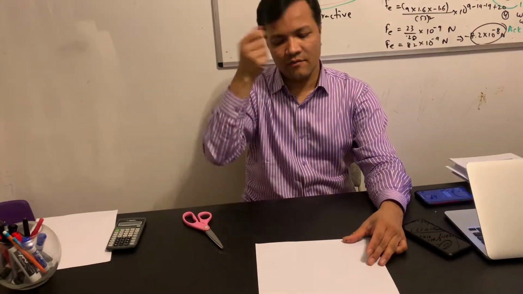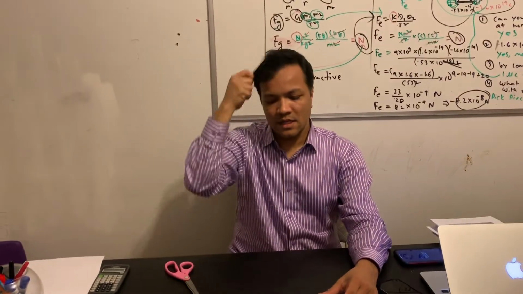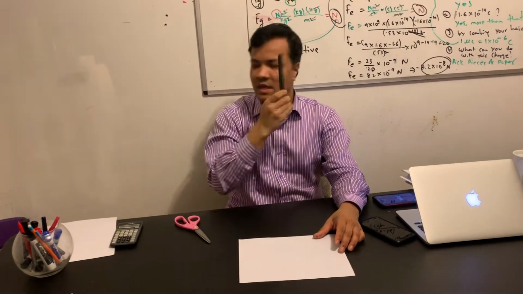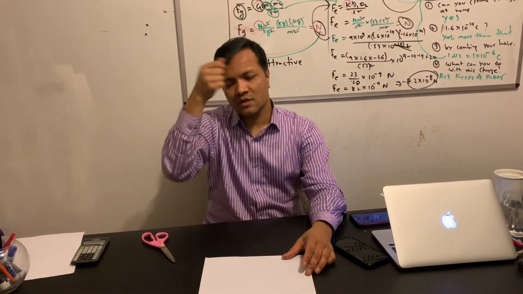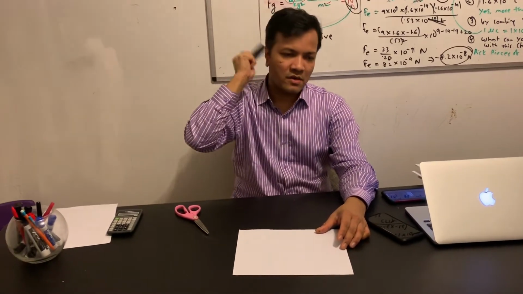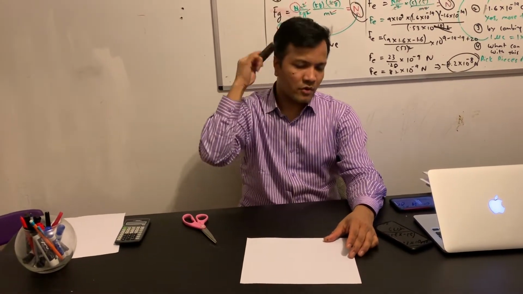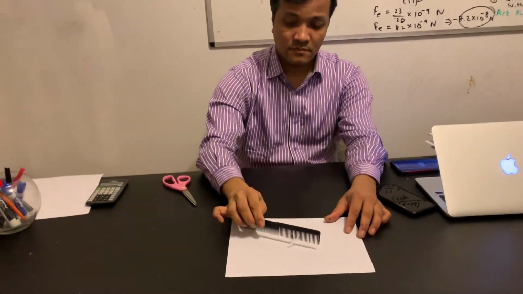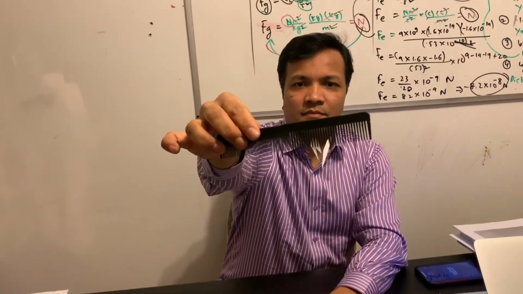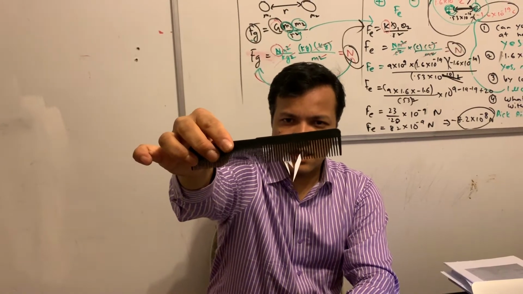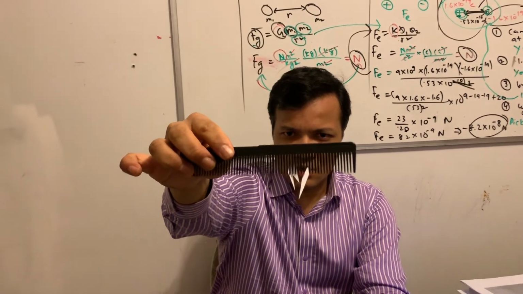I'm rubbing more, which means I'm creating the maximum of 1 microcoulomb. You'll never be able to create more than 1 microcoulomb of charge by rubbing the comb with your hair. See, this is the evidence of charges, and this is what you can do with charge.